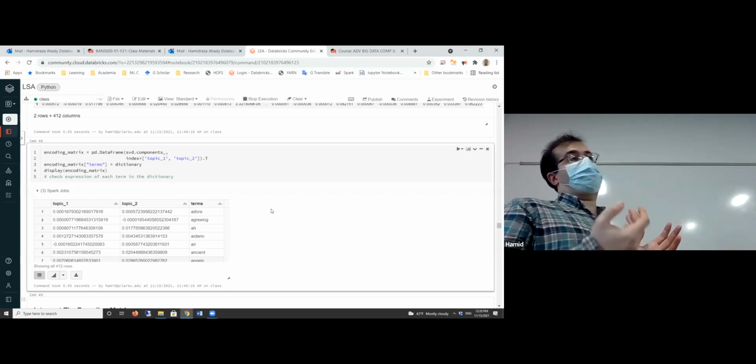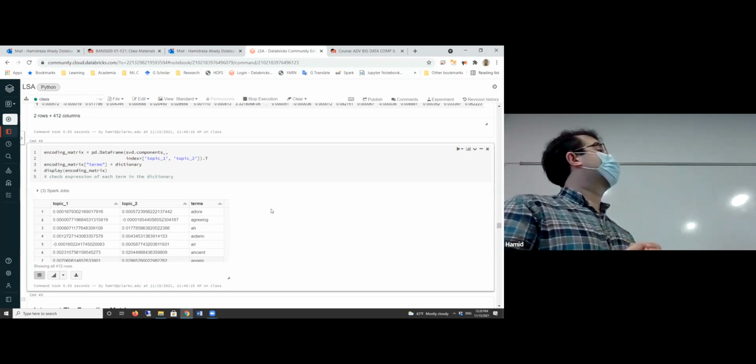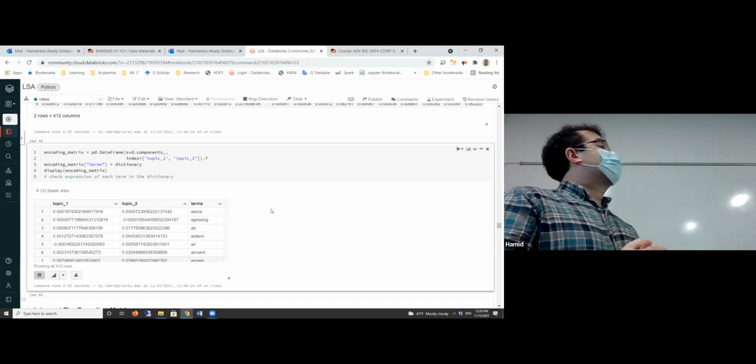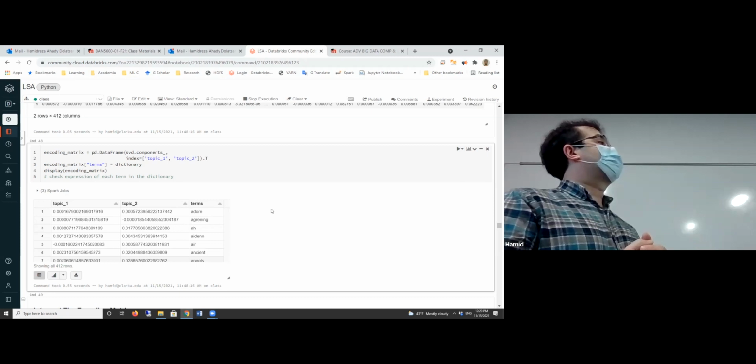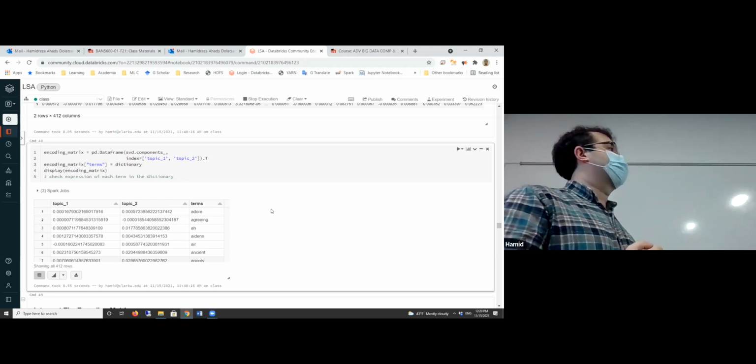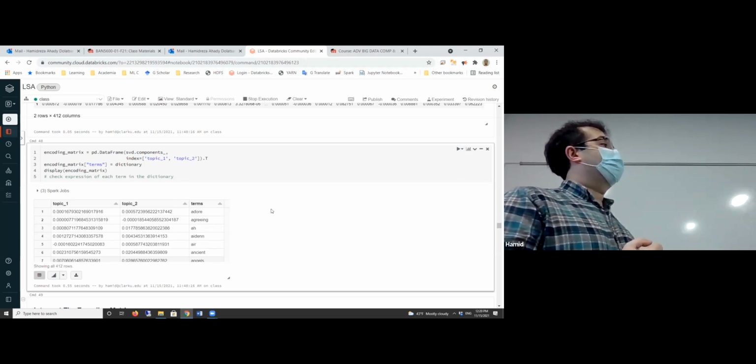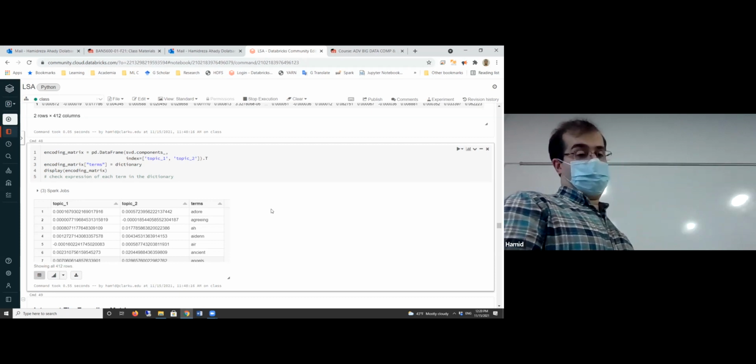If I recall the previous class, each term or token could be represented by 0 or 1 for each sentence. Here, we are actually showing it the opposite way. We want to see how those SVD components can represent each term.